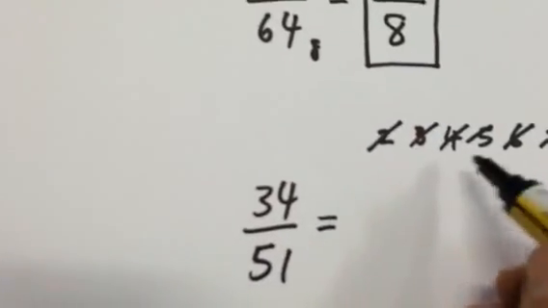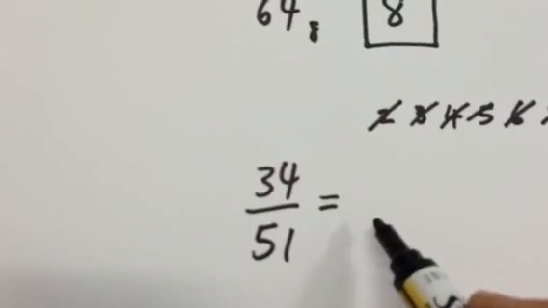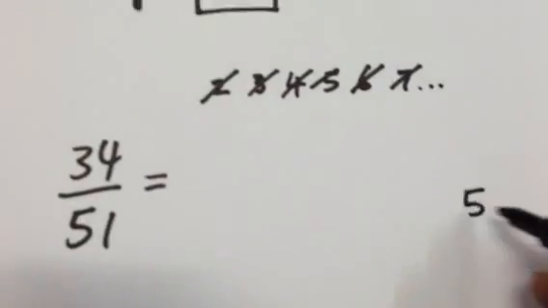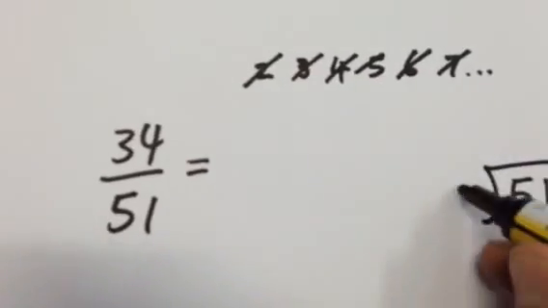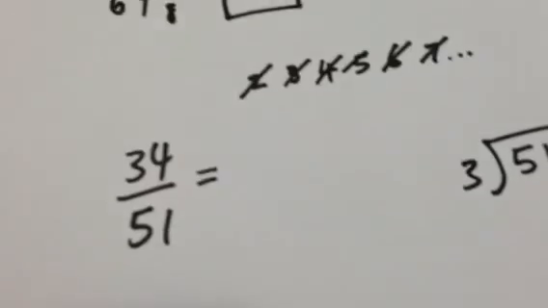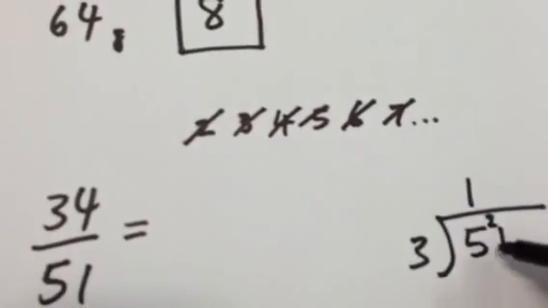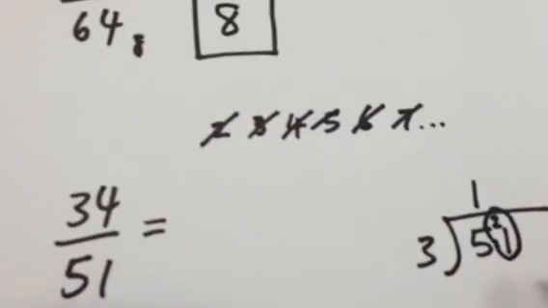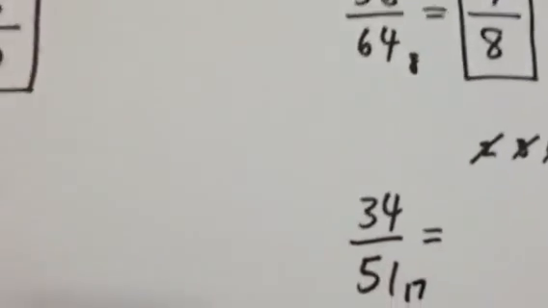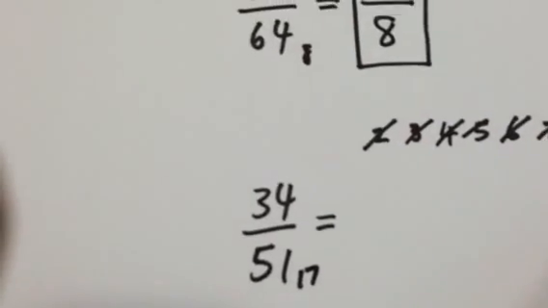Sometimes it's helpful to just do some dividing. 51, I'm thinking, can that be divided by 3? 3 into 5 goes once with 2 left over. 3 into 21 goes 7 times. So 17 goes into that. That's useful to know. That's got us straight up to 17.